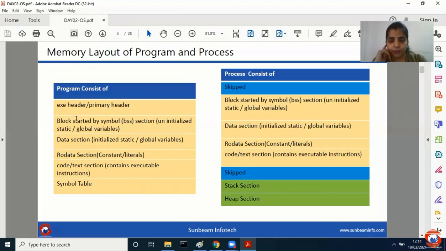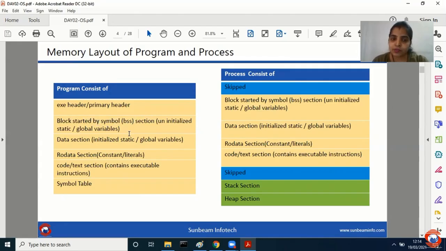Next, I hope you remember I gave you a introduction about this in the last class too. When I say static variables, global variables, when we declare them, they are basically uninitialized. All the uninitialized static and global variables receive memory from the block started by symbol called the BSS section.